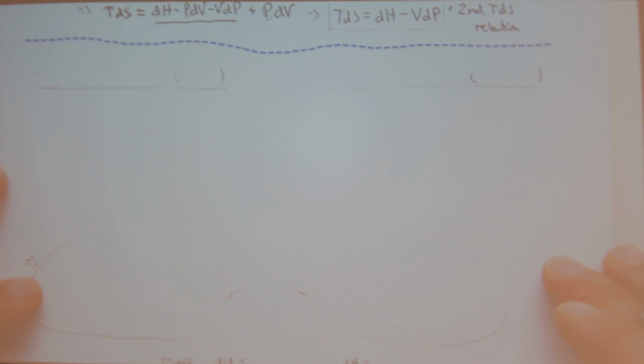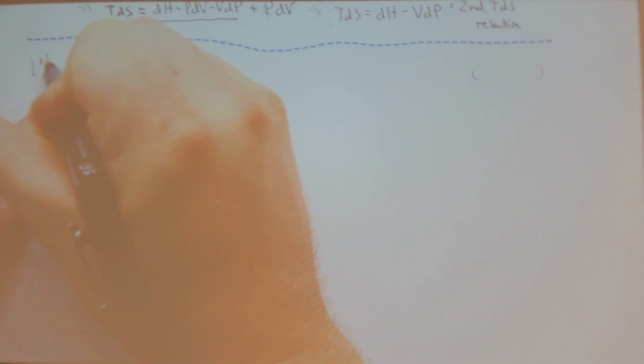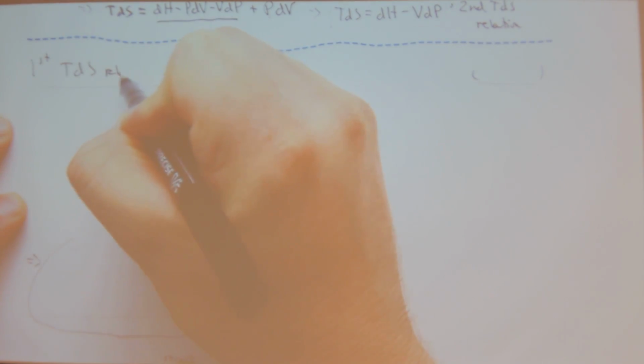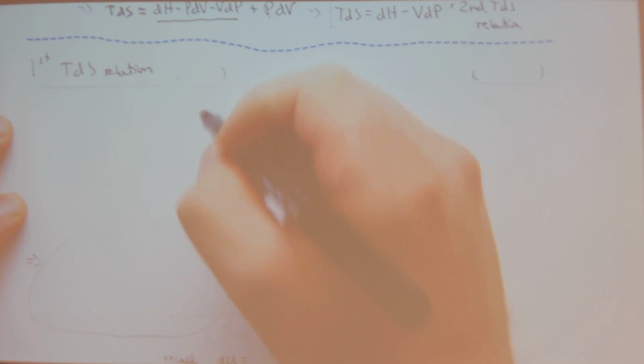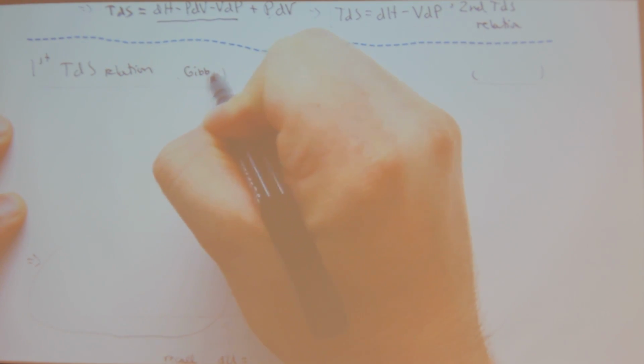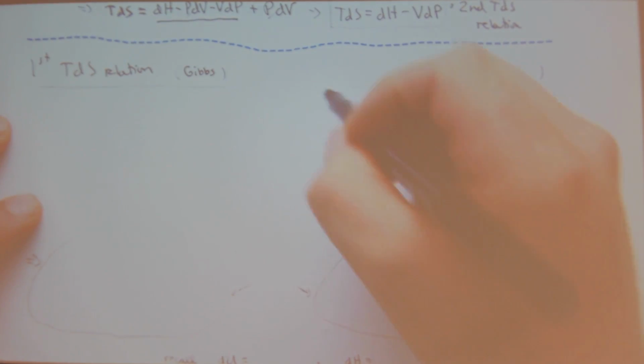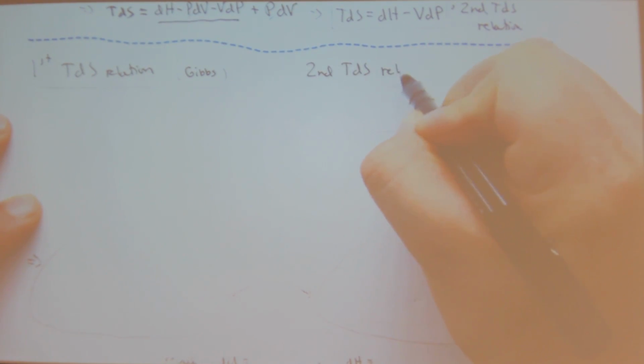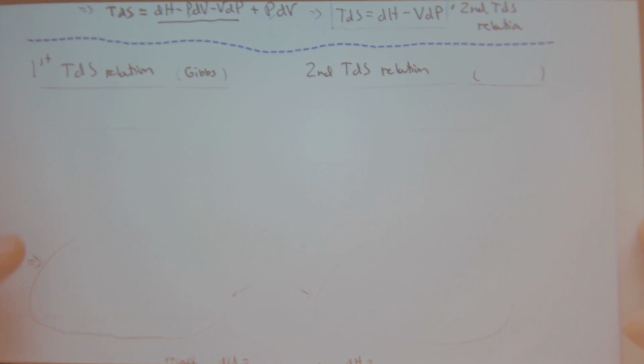Let's write these out in a slightly different form that is commonly used for gases. I have the first T dS relation, or Gibbs, and the second T dS relation.